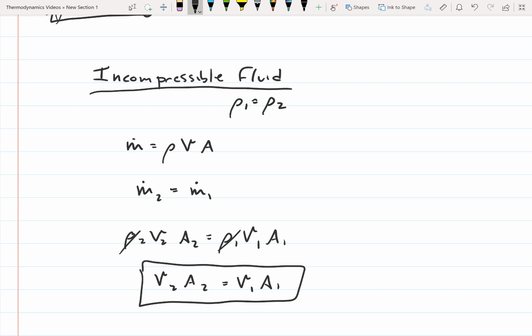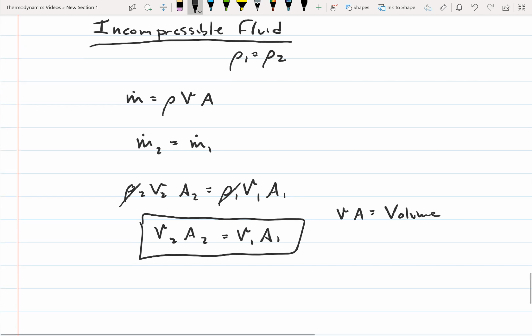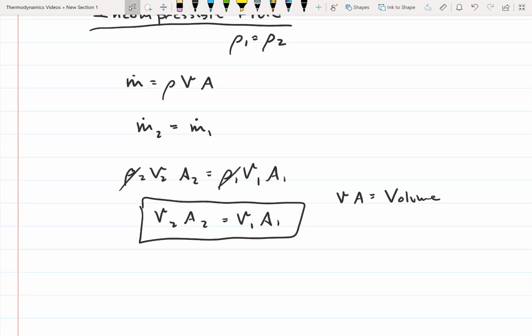And we can also write the summation. So the velocity multiplied by the area is the volume per time. So this is basically a volumetric flow rate.